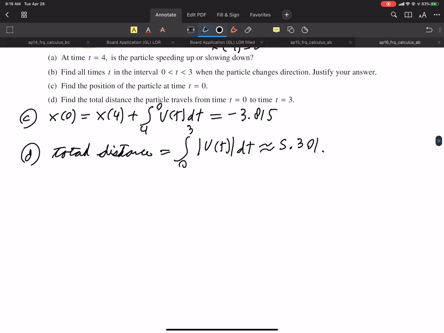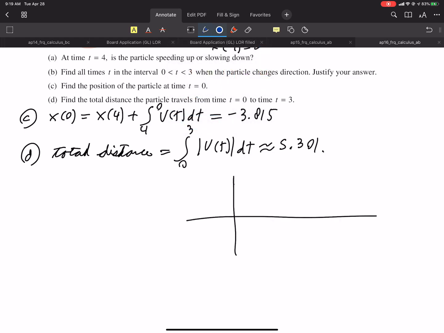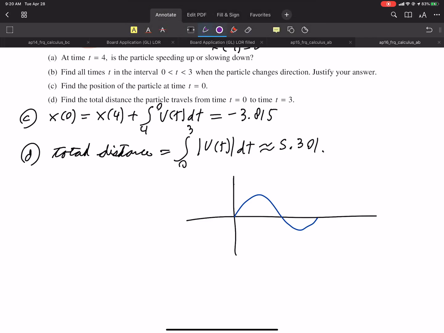That was easy. But let me explain why I use the absolute value real quickly here since I have some time before my meeting. Let's suppose the velocity looks like this. Can you suppose that with me? Oh, I know I have a meeting. Stop telling me.